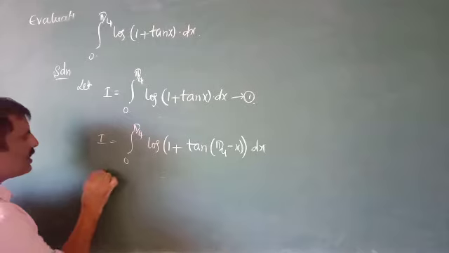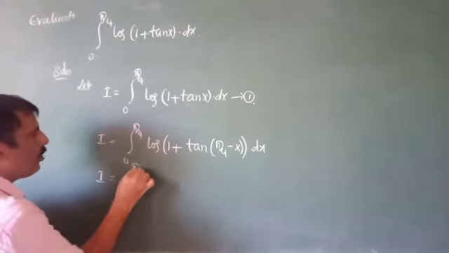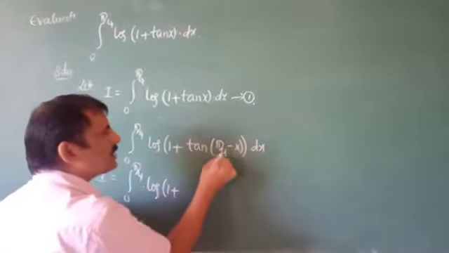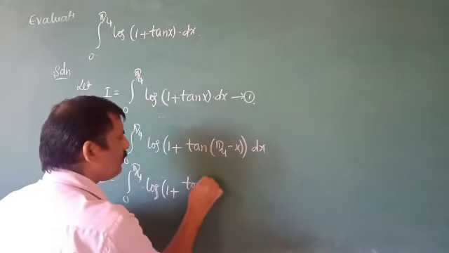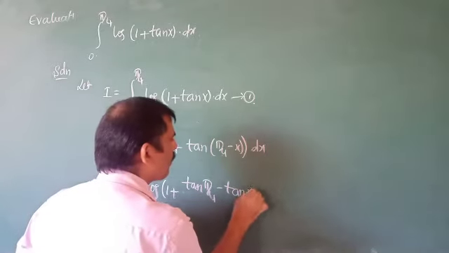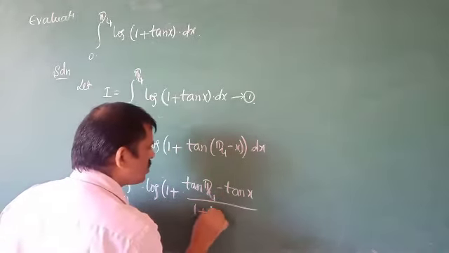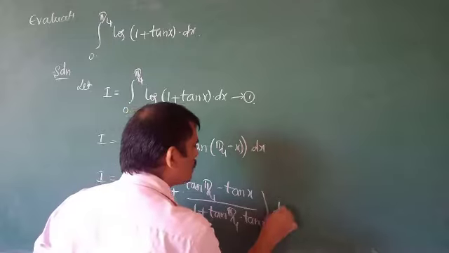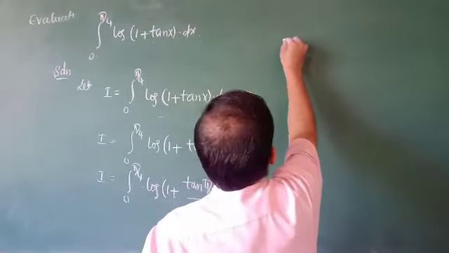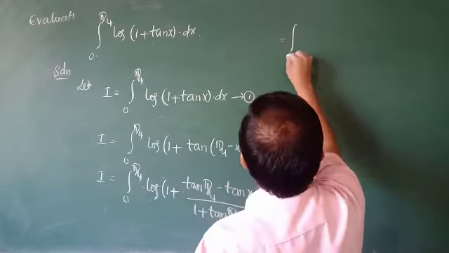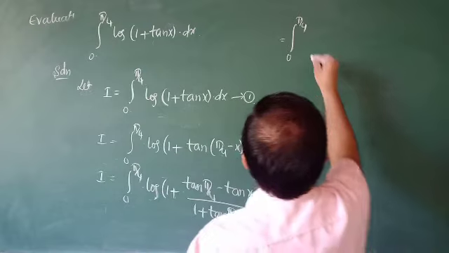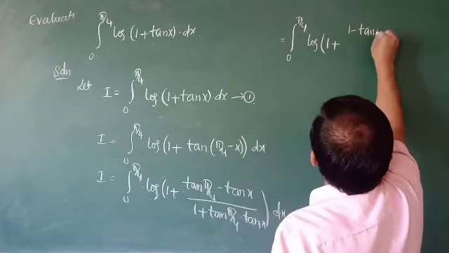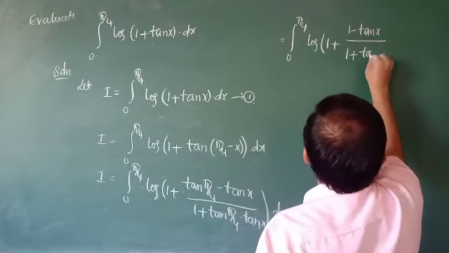Using tan(a minus b) equals (tan a minus tan b) divided by (1 plus tan a tan b), this becomes integral of 0 to pi by 4 of log of 1 plus (tan pi by 4 is 1, so 1 minus tan x) divided by (1 plus tan x) with respect to x.